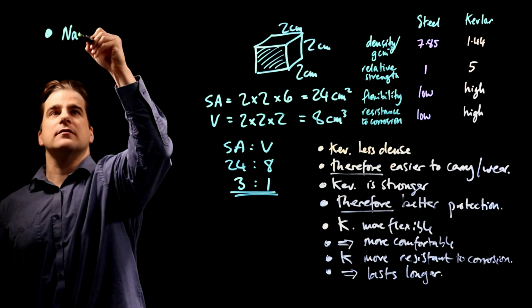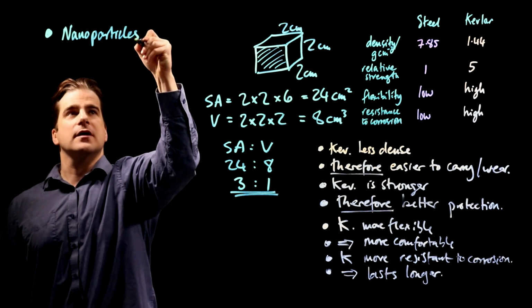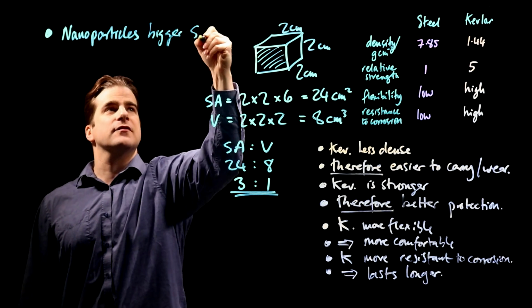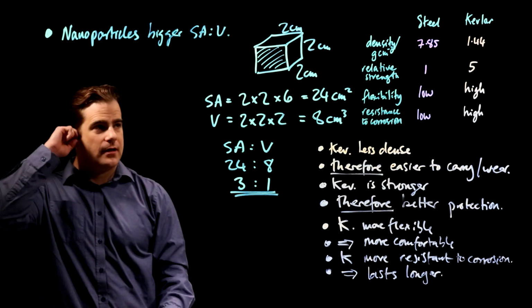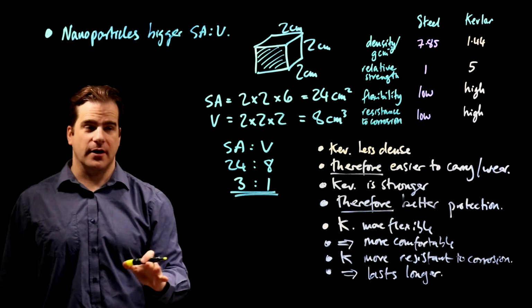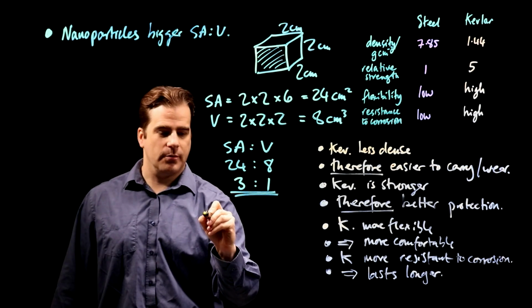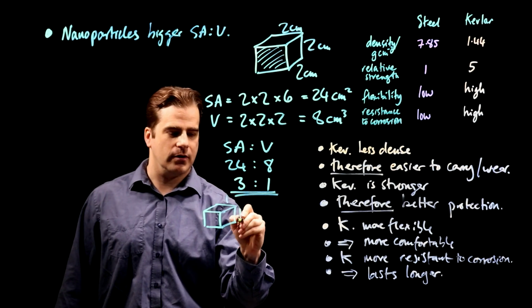So, nanoparticles have a bigger surface area to volume ratio, okay? And I will prove that to you now. Let's say we had a 1 by 1 by 1 cube, okay? 1, 1, 1.